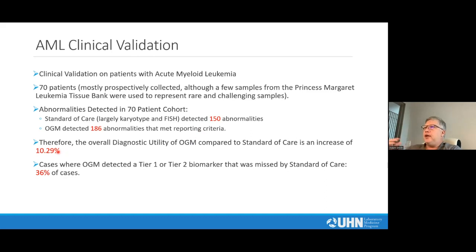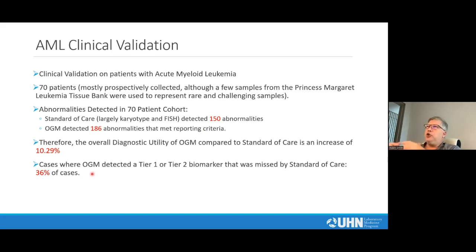Therefore, just looking at the increase in abnormalities detected, the overall diagnostic utility of OGM compared to standard of care is about 10% greater. So that is an interesting find. But what we thought was really interesting is, in fact, where OGM detected a tier 1 or a tier 2 biomarker that was missed by standard of care, and this is pretty much in a third of cases.